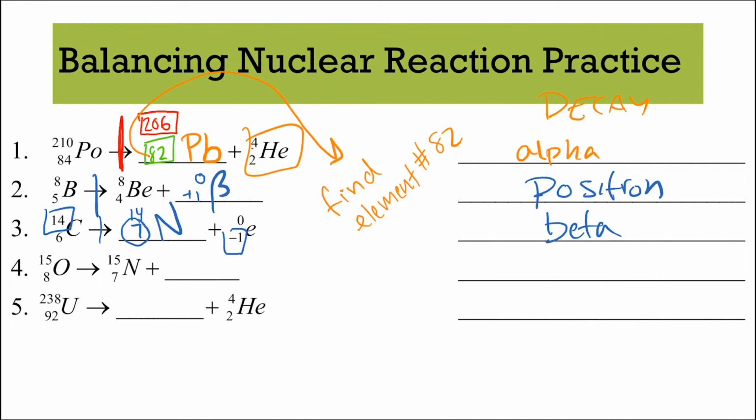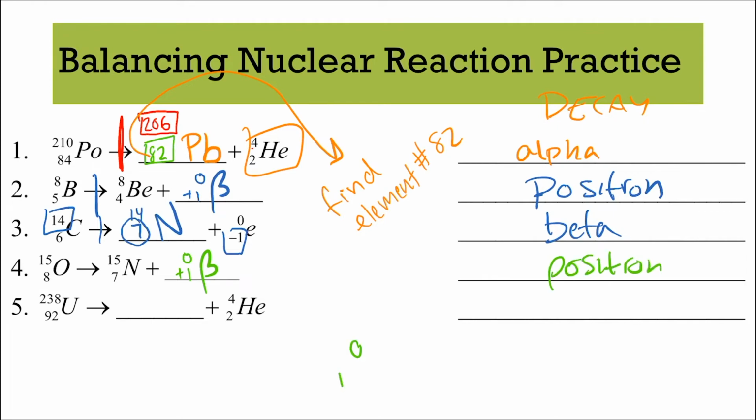So number 4, we know that the mass for our mystery particle has to be 0 to keep it balanced. And then the bottom number of our mystery particle has to be positive 1, because positive 1 plus 7 gives you 8. And again, the symbol is beta, and that is your positron decay.